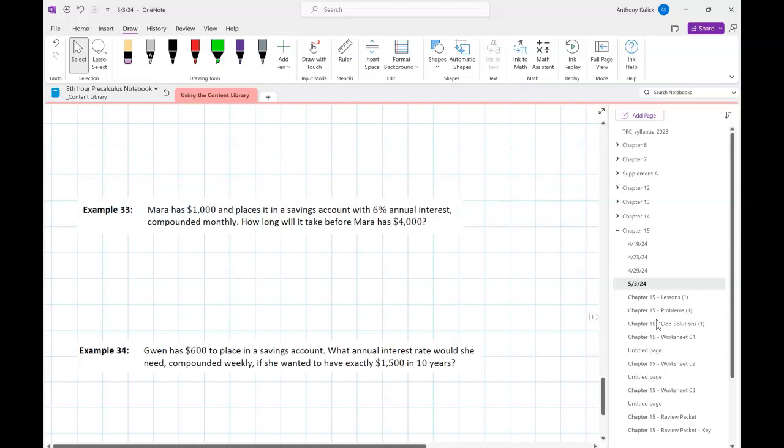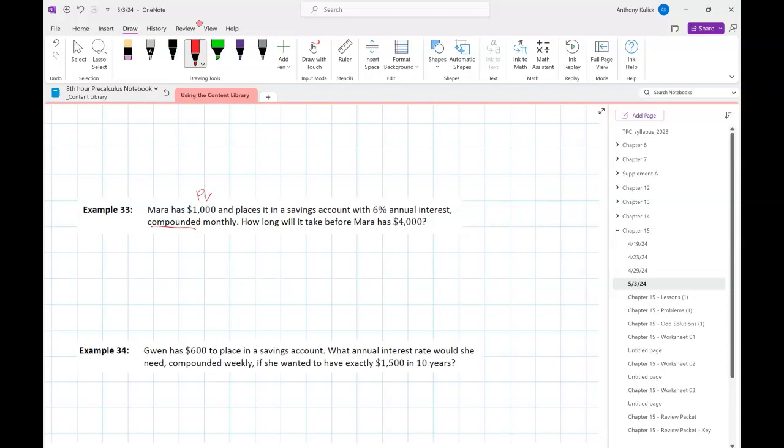Mara has $1,000 and places it into a savings account with 6% annual interest compounded monthly. How long will it take Mara to have $4,000? Is this simple interest or compound interest? Good. How'd you tell? It said compounded. Great. So the $1,000 is what variable in the formula?